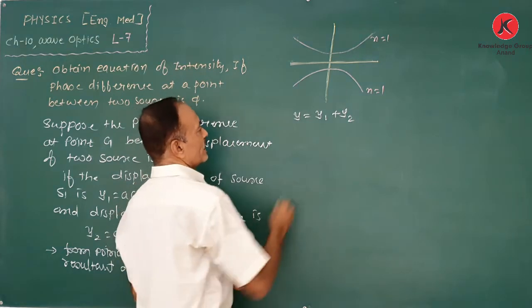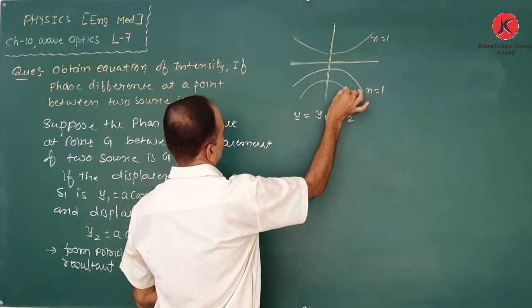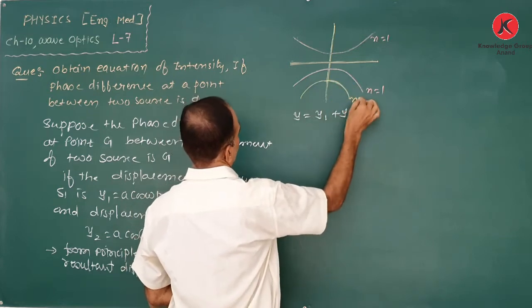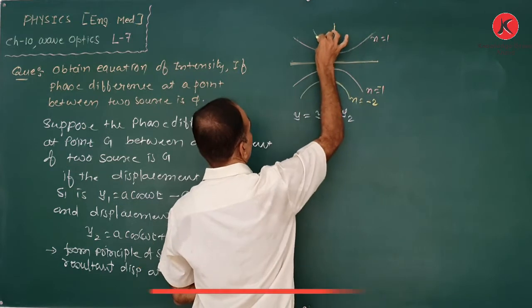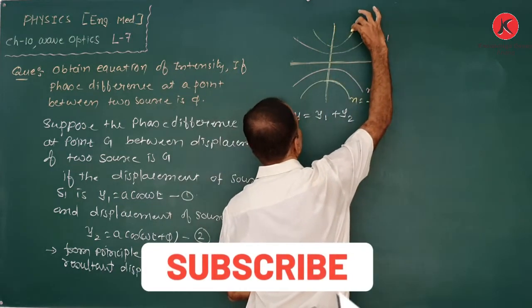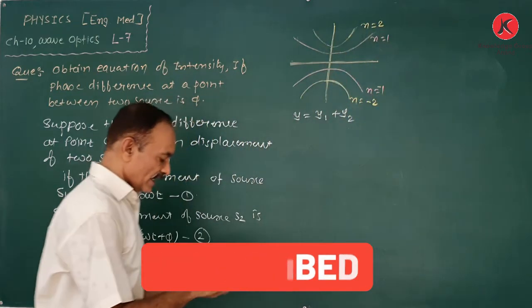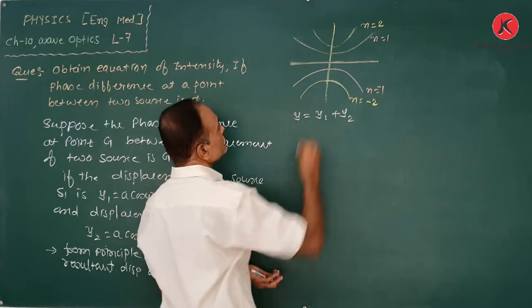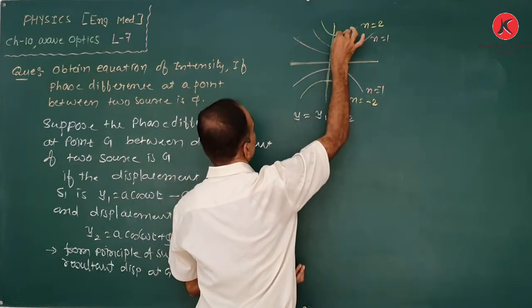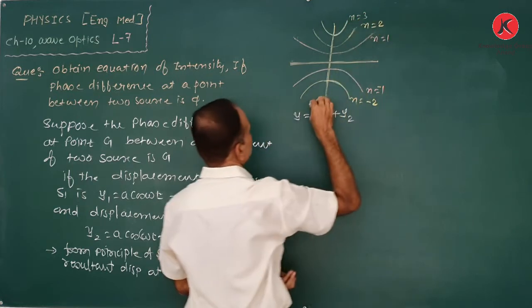Now second order bright fringes are obtained like this, n equal to 2 and n equal to minus 2. And third order bright fringes are like this. For simplicity, we show only the first few.